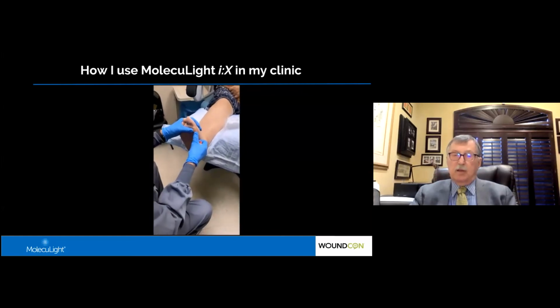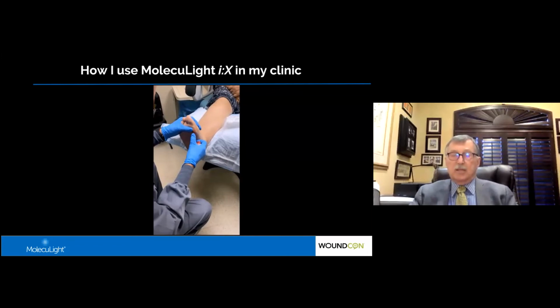Here we're putting on a biologic tissue. We believe very, very strongly that you should not be putting expensive biologic tissue on a wound that has bacterial load. You may just waste a lot of money. This patient is also then being placed in a total contact cast.